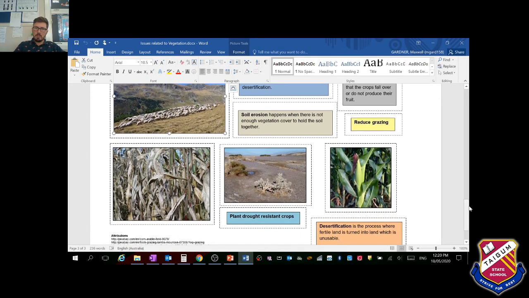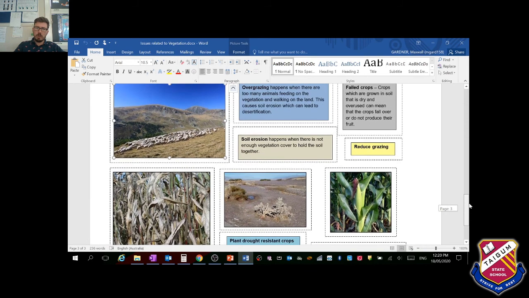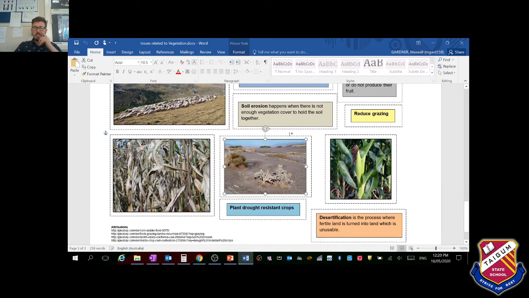This next one is soil erosion. In fact, I'm going to say that picture there could be either soil erosion and desertification. So that picture is an effect, and it can be any one of those two.